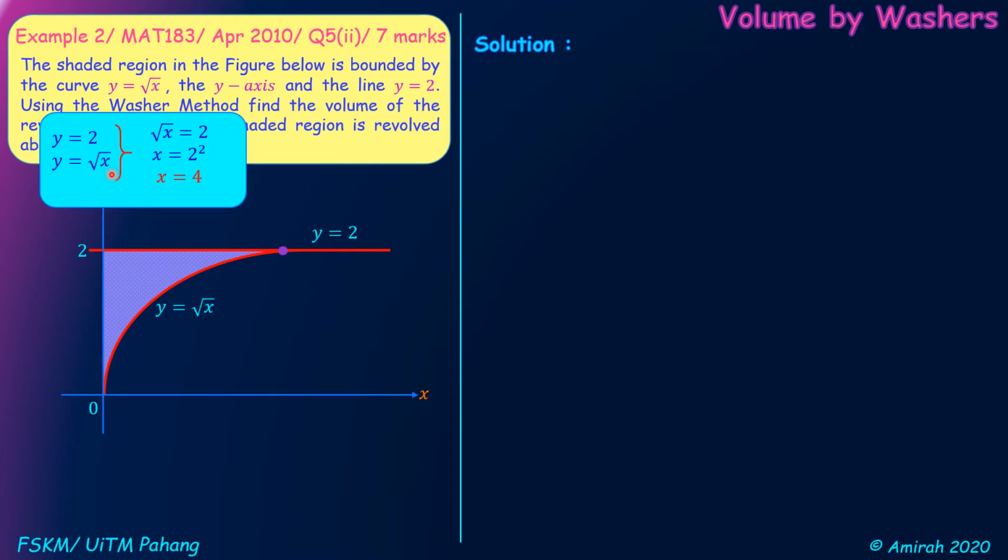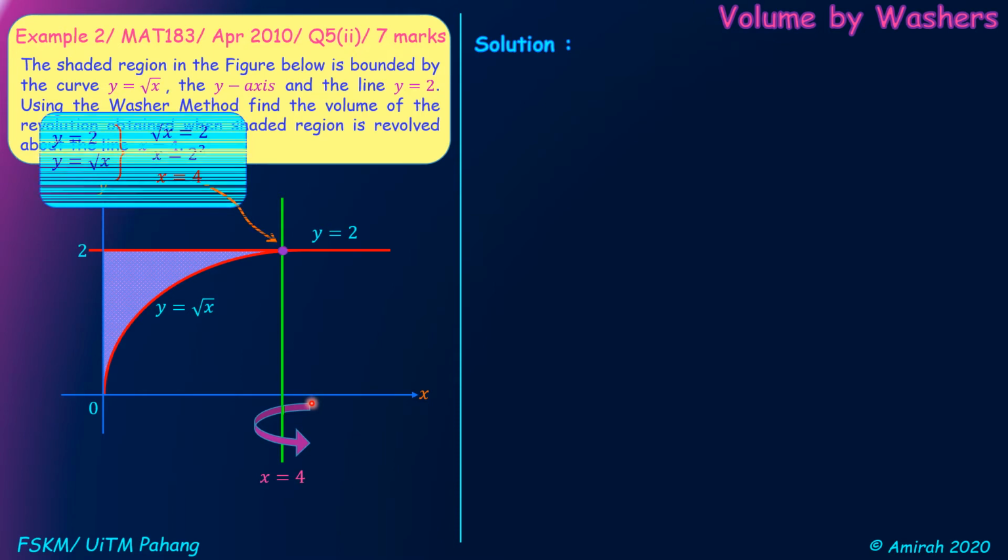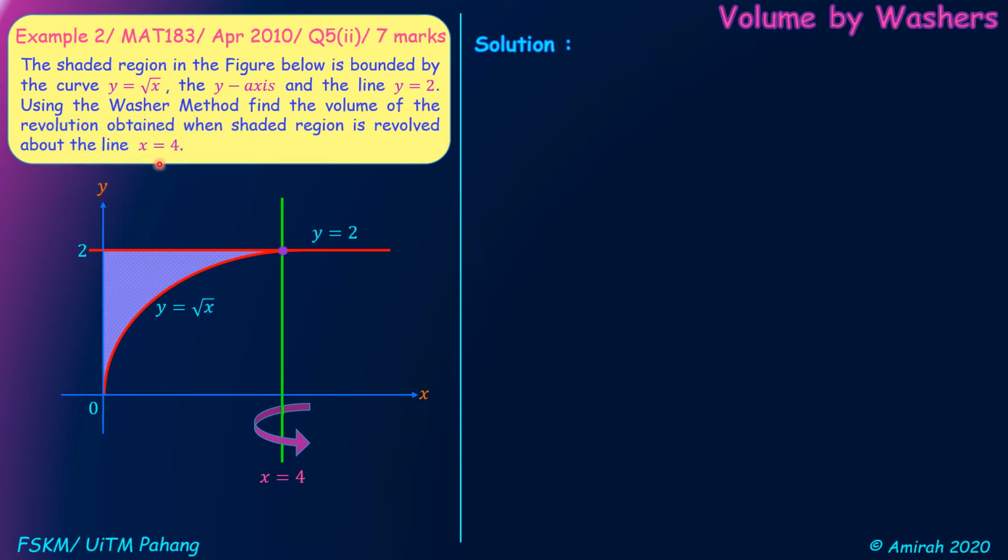Then we move the square root to the right hand side, so we get 2 squared. Then we get x equals to 4. So this is the line x equals to 4, our axis of rotation.